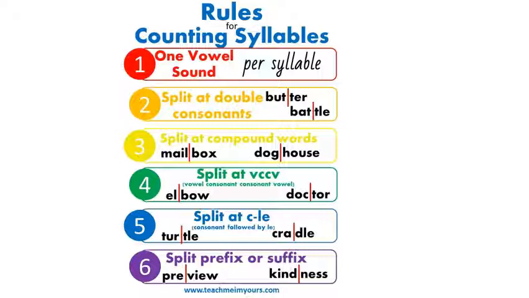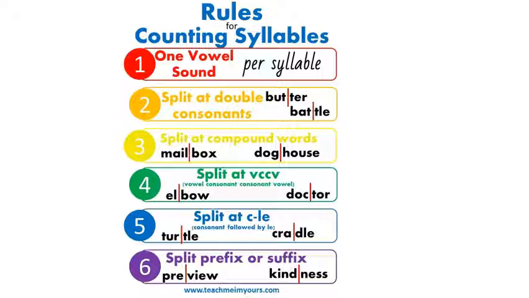Doghouse. There are 2 syllables. Elbow. 2 syllables. Doctor. 2 syllables. Turtle. 2 syllables. Cradle. 2 syllables.